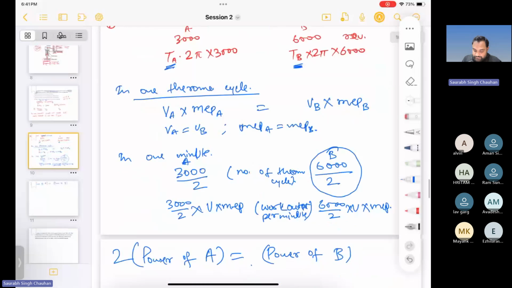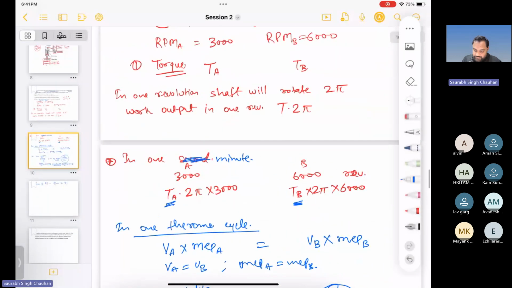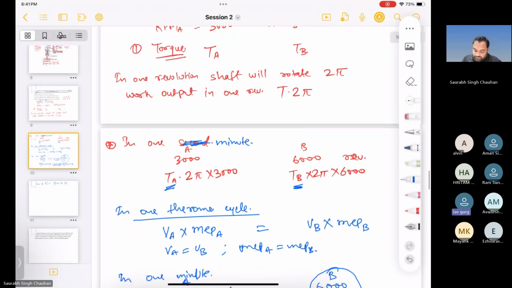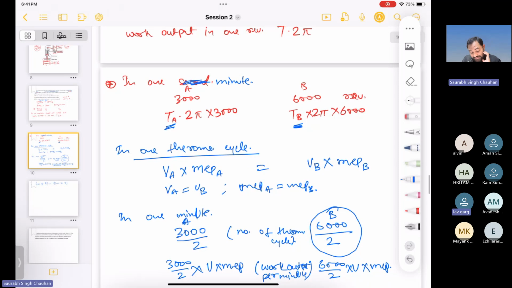What about torque? Force into distance will be work output, and power is the same.